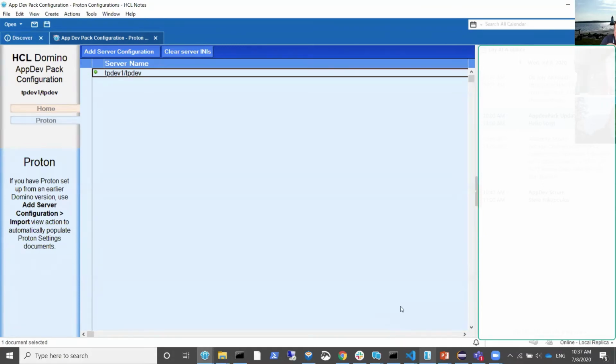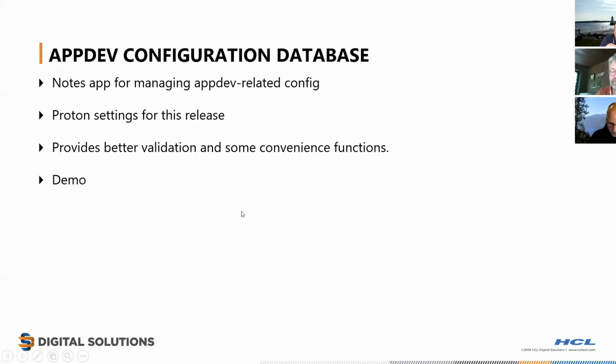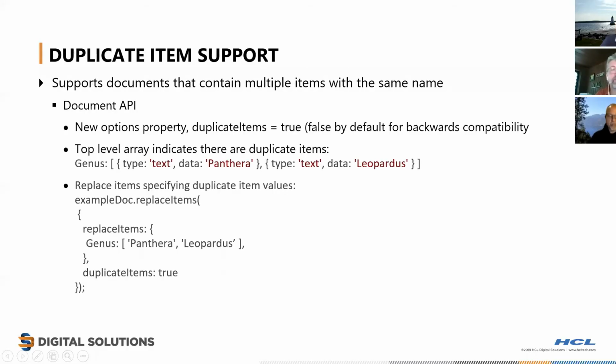Oh yes, the next thing was duplicate item support. So I don't know how often folks run into this. As everyone that watches this video probably knows, you can have notes items with the same name repeated in a notes document. That's pretty common for rich text because of the 64K limit on an item.